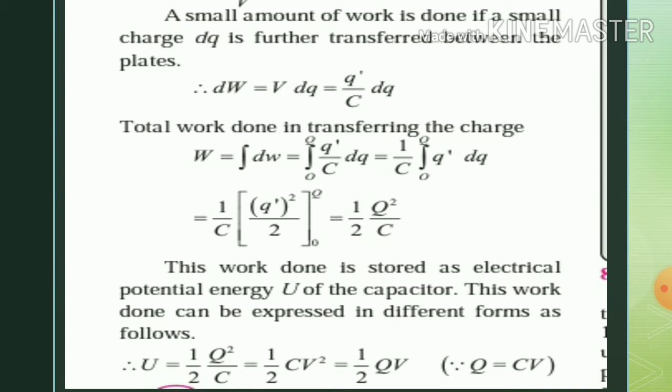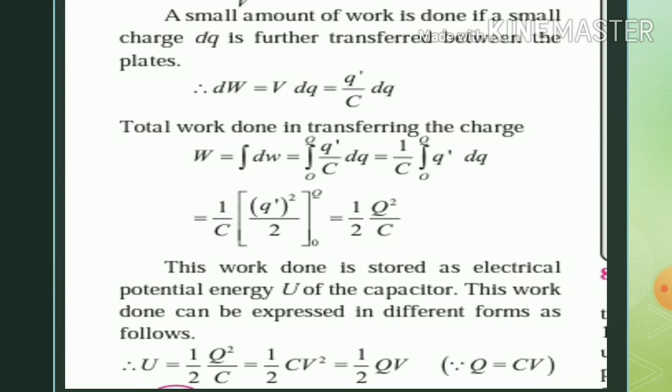For a small quantity of work done we can write dW equal to V into dq. dq is the small quantity of transfer of charge between the plates.